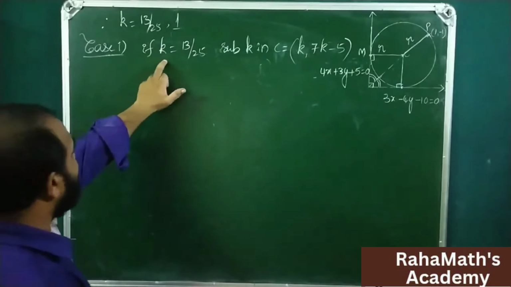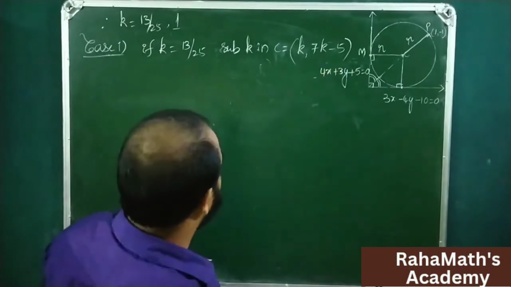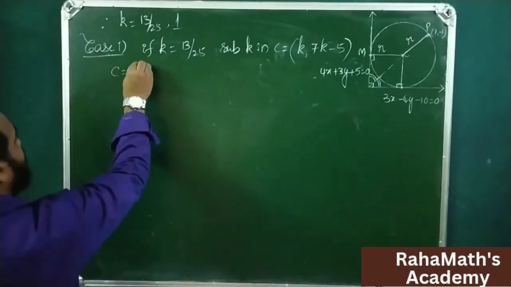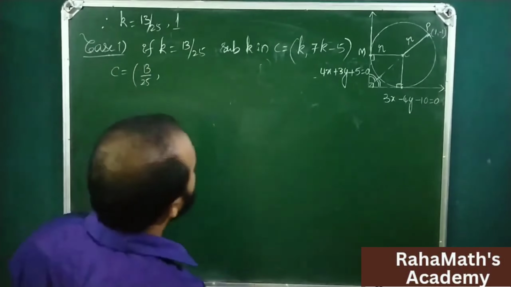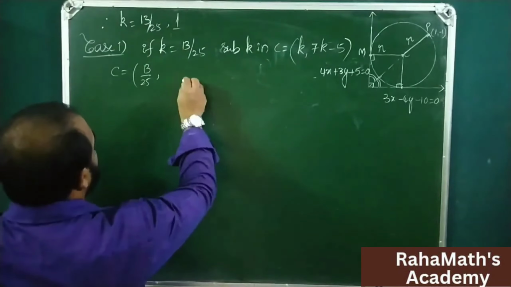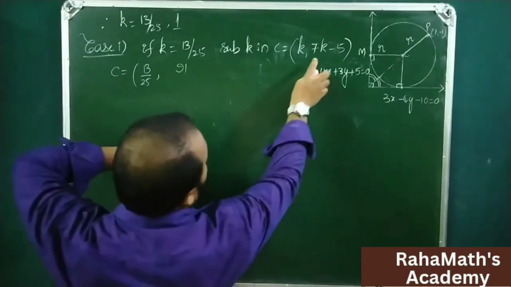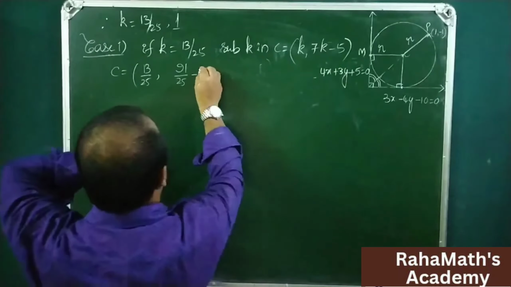If you take k equals 13 by 25 and substitute k in C, k, 7k minus 5, then C equals how much? 13 by 25, comma, 7 into 13, so 91 by 25 minus 5.